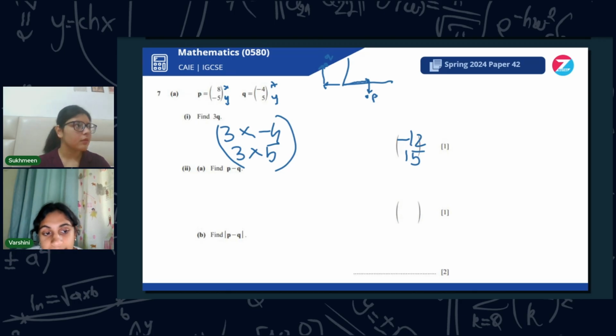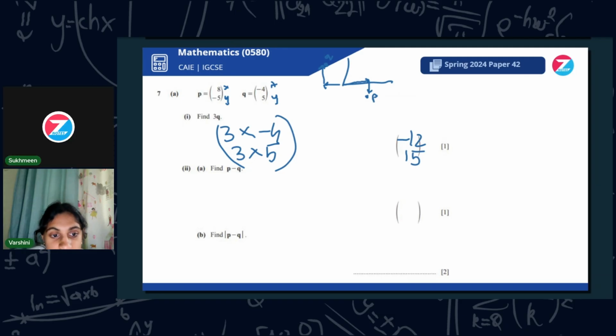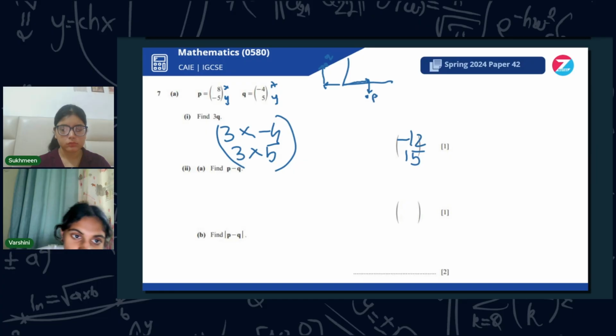Okay. Next, part 2a, find P minus Q. So again, when we do minus Q, we're subtracting both the x component and the y component from P, not just the x component. So it's going to be P, which is 8, minus Q, which is -4, and on the bottom, subtract the y components.